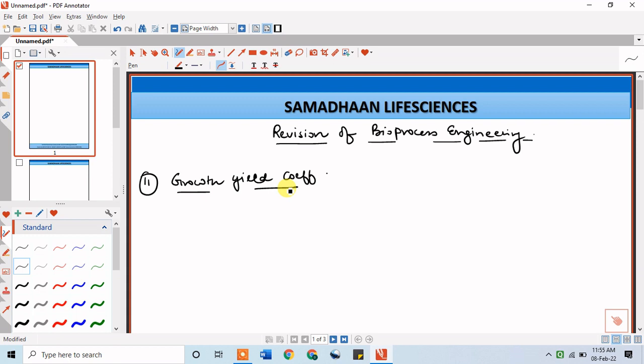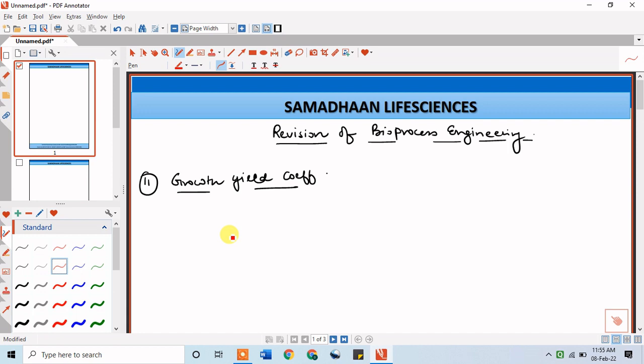So what is growth yield coefficient? We have a simple formula in which we talk about how much biomass is produced, and to produce that biomass, what is the amount of the substrate that is consumed. So amount of biomass produced divided by amount of substrate consumed.